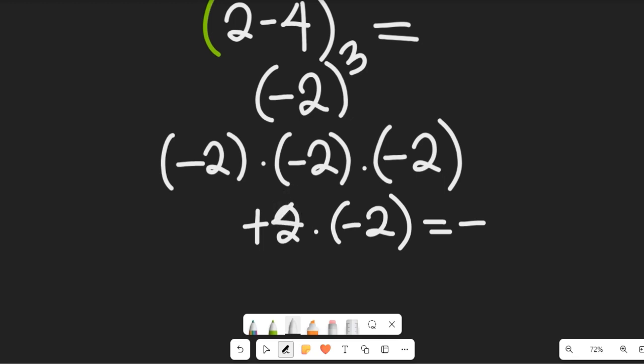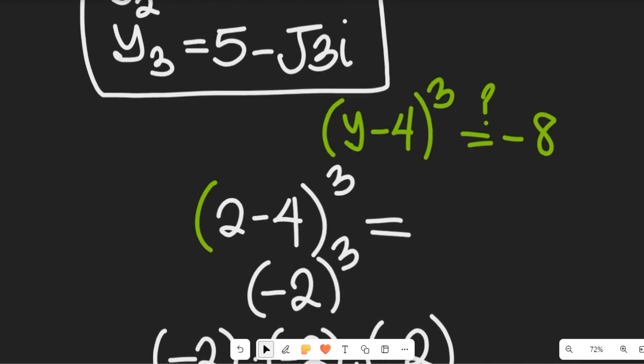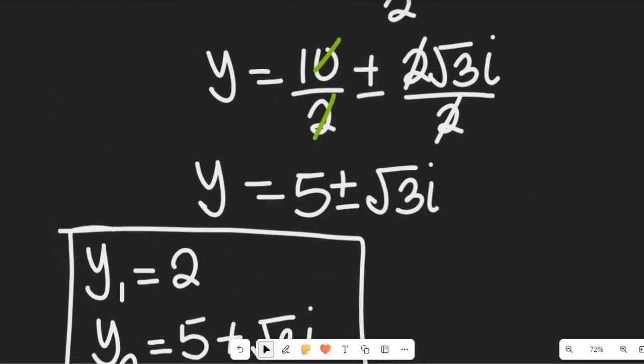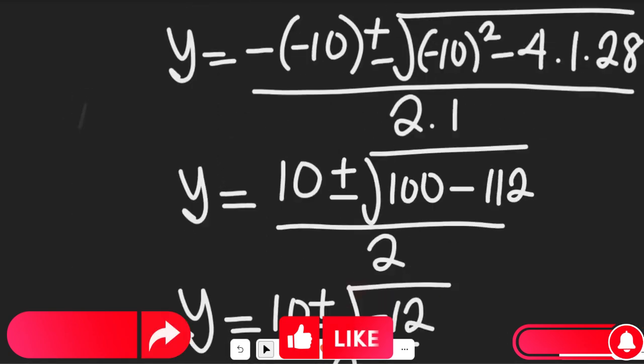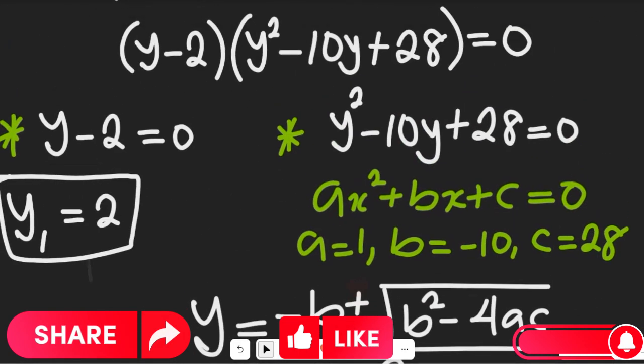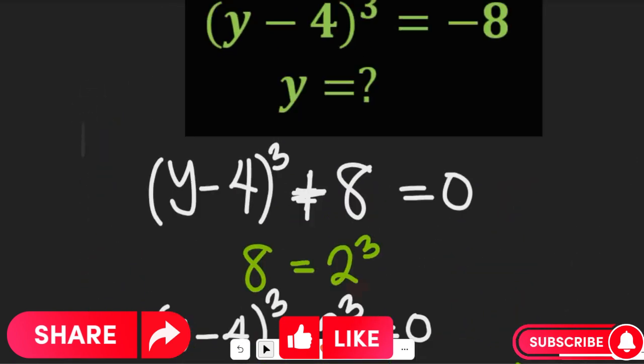This is going to give us negative 8, right? So 4 times 2 is going to give us 8. So you see negative 8 on the left hand side is equal to negative 8 on the right hand side. So that tells us that y equal to 2 is the only real solution that satisfies that equation, that nice algebraic problem given to us up here.